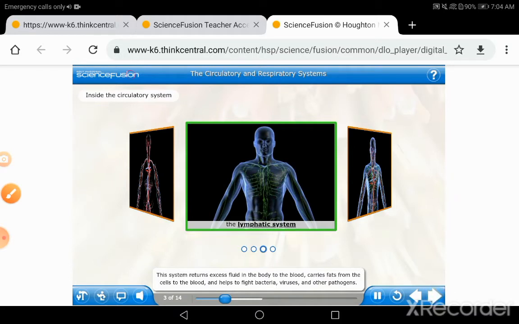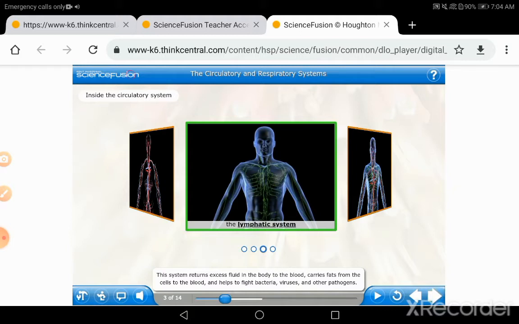This system returns excess fluid in the body to the blood, carries fats from the cells to the blood, and helps to fight bacteria, viruses, and other pathogens. Now, as we said, the function of the cardiovascular system is to provide cells with oxygen, nutrients, and other substances, and to get rid of wastes.